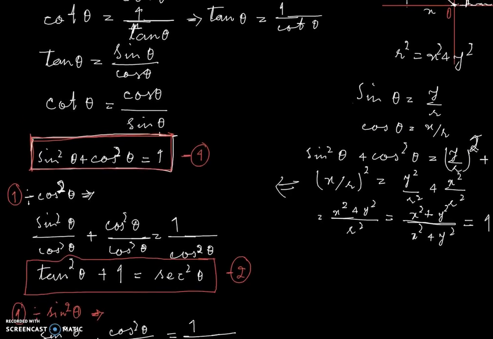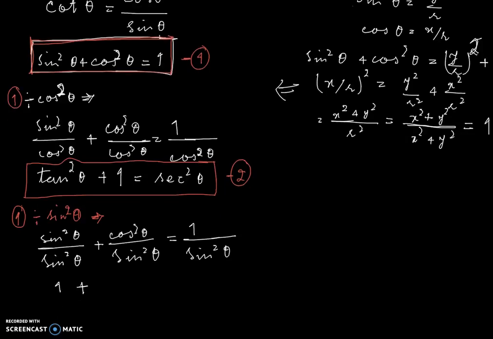So what we have here is cos squared theta by sine squared theta is cot squared theta, is equal to 1 divided by sine squared theta, which is basically cosecant squared theta.